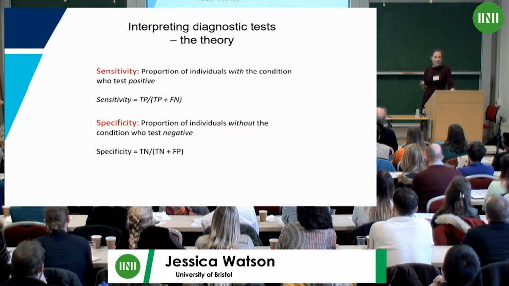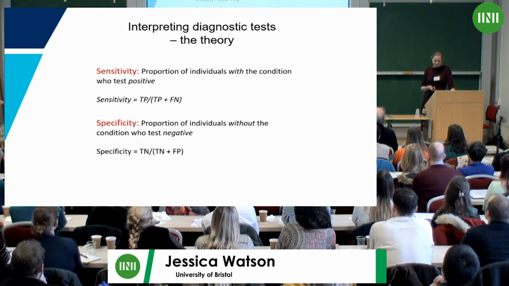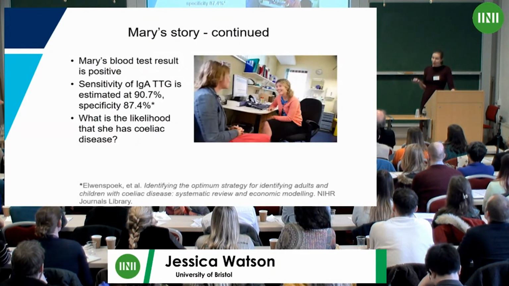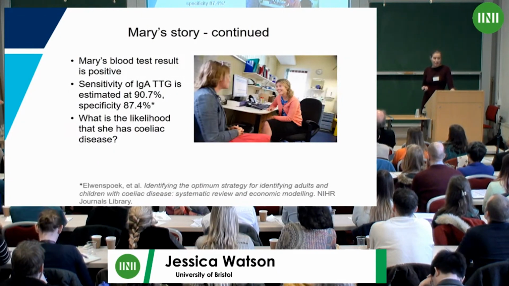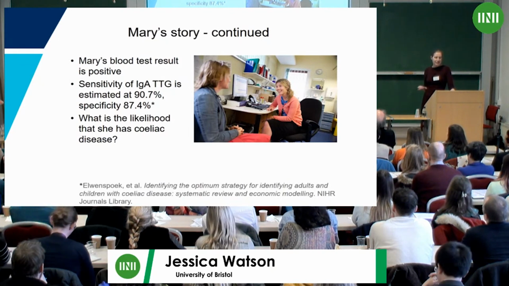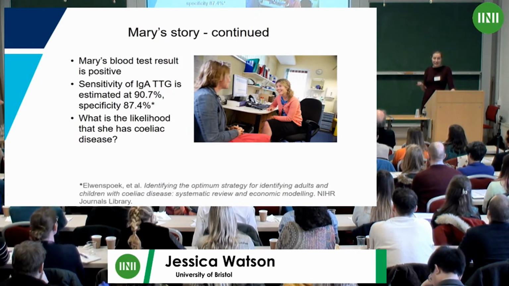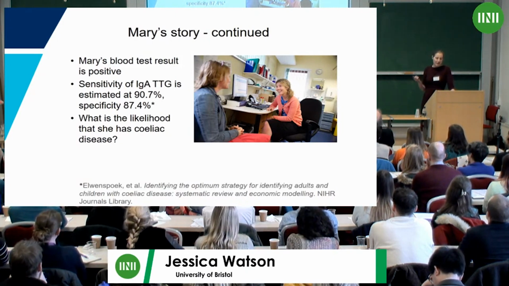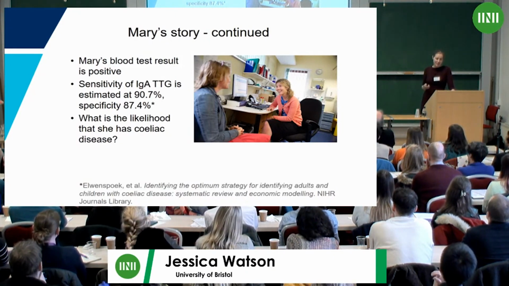And specificity is the proportion of individuals without the disease who test negative. So, what does this mean for Mary? Her blood test comes back positive. And we know from research that the sensitivity of this particular blood test is around 90% and specificity slightly lower, high 80%, 87% or so.